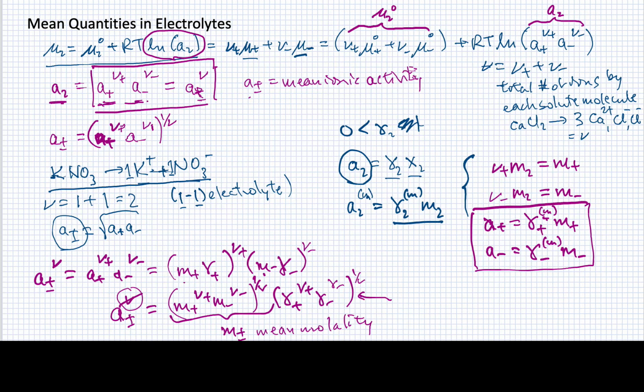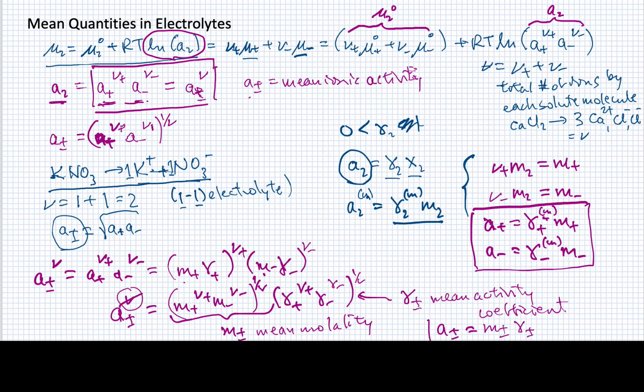Similarly, for this activity coefficient, I can write this as, in essence, a mean activity coefficient. And now I have gotten all the way back to being able to write my overall chemical activity, A plus or minus, as simply the product of the mean molality times the mean activity coefficient.